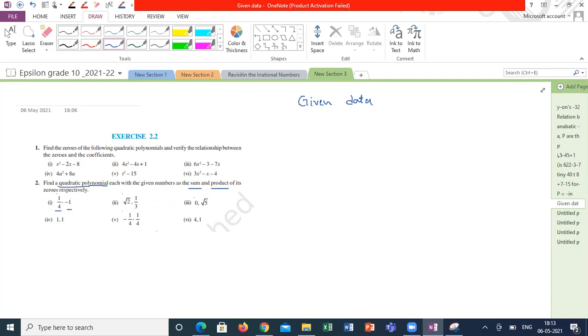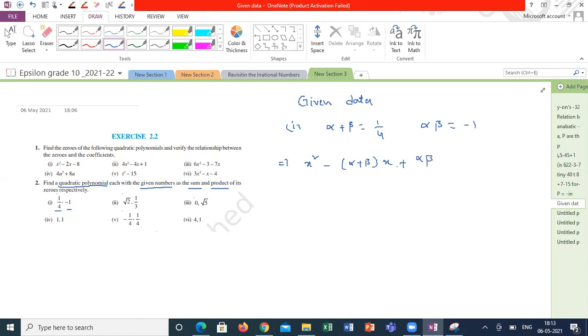Find the quadratic polynomial, each with the given numbers as the sum and product of its zeros. If I am taking the first question, they gave alpha plus beta is equal to 1 by 4, alpha into beta is equal to minus 1. If I know the sum and product of the zeros, what is the quadratic expression? x square minus alpha plus beta into x plus alpha beta.